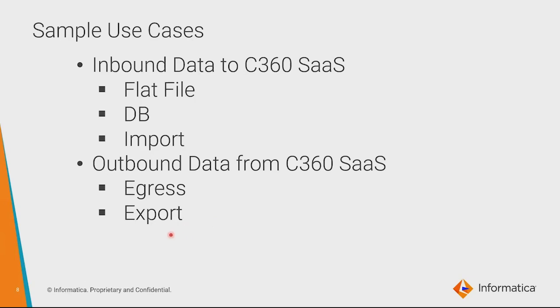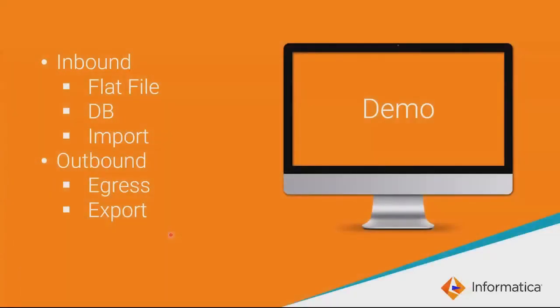This is done as an interactive process where the users have some ad hoc requirements to capture or export some small data sets from MDM. You could do that through these outbound processes. So without any further delay, let us jump into our demo.